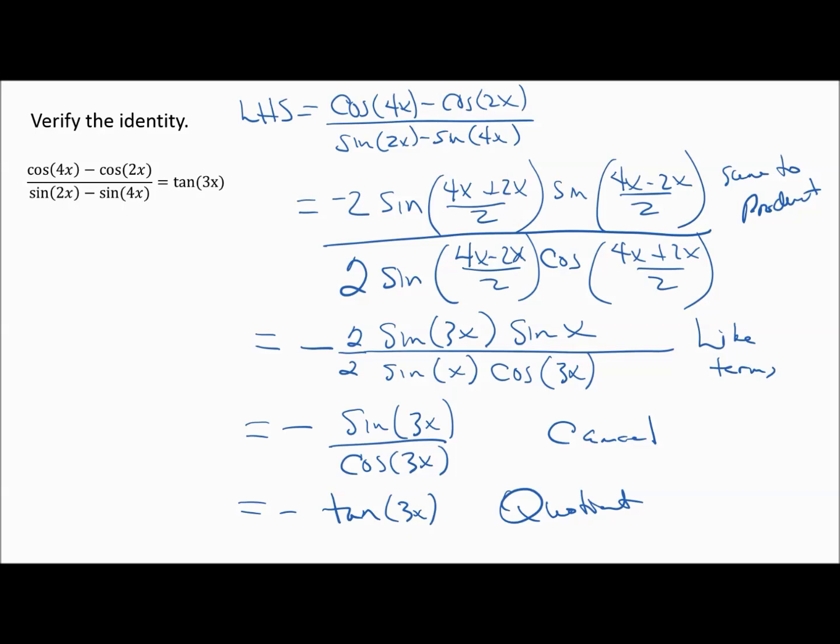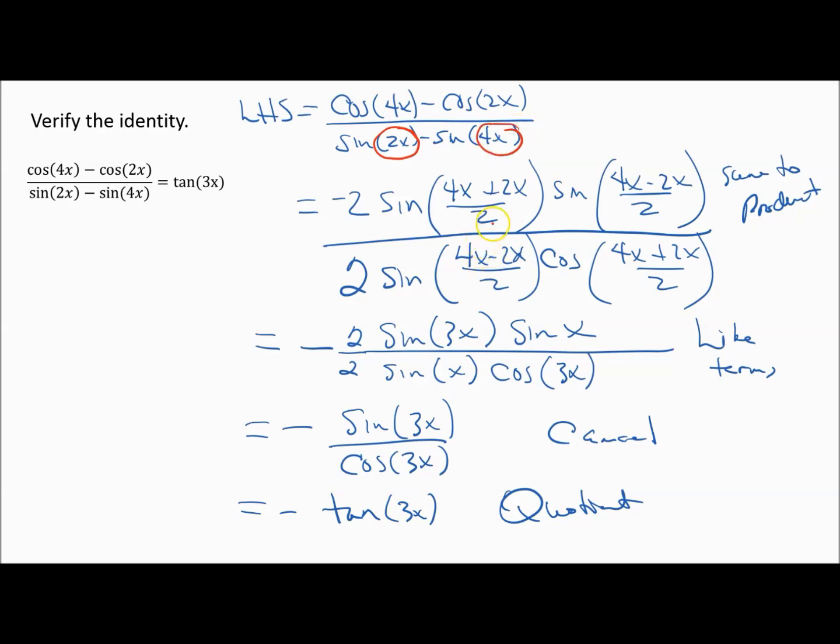In the numerator, we're fine. So when I did cosine of 4x minus cosine of 2x, I have 4x plus 2x over 2 and 4x minus 2x over 2. The denominator is where I went wrong. Look, your first angle is 2x. Your second angle is 4x.